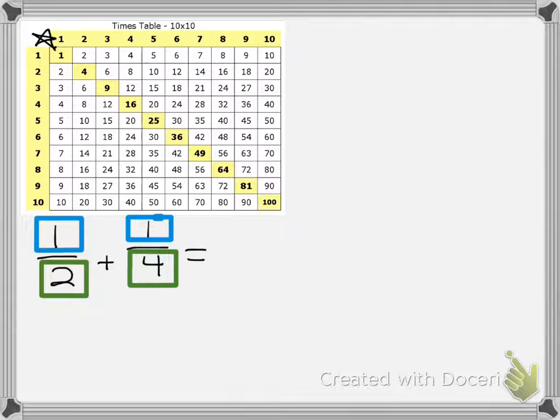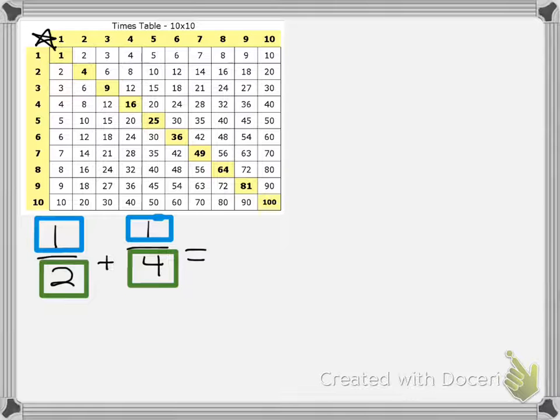However, there are times where maybe we can't think of a fact, or maybe it's just really hard to keep all those numbers in our brain. So I'm going to show you what you can do if you cannot remember all of your multiplication facts.